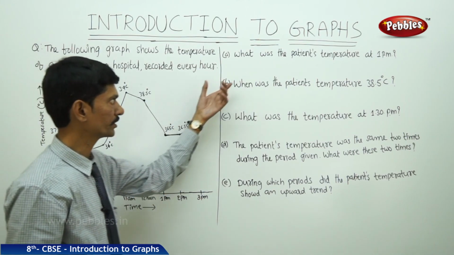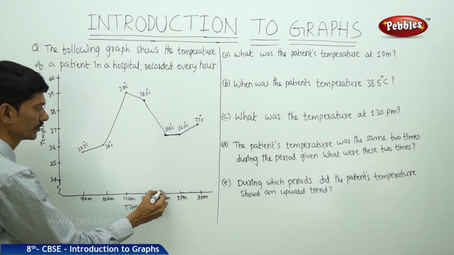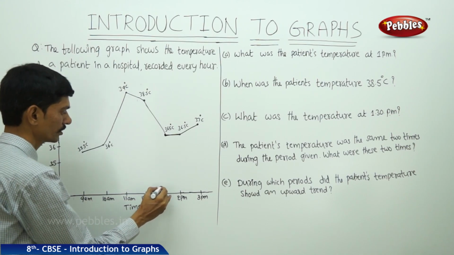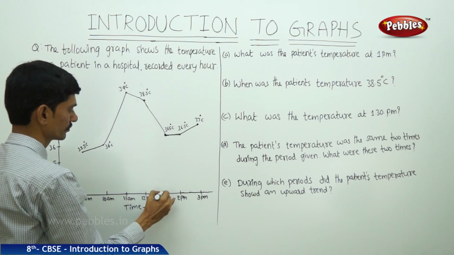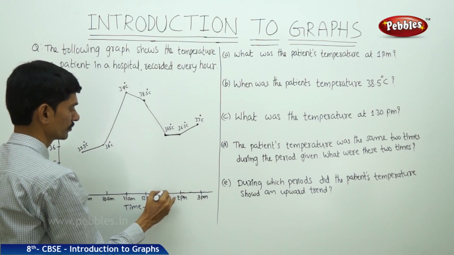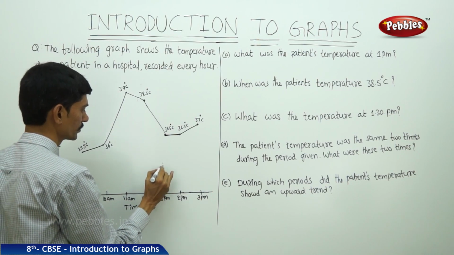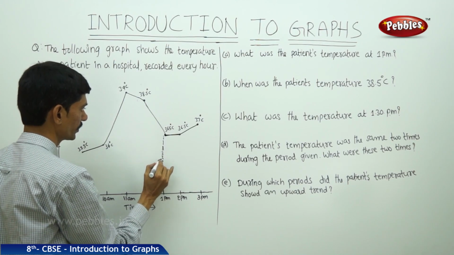Now let us answer the following questions. What was the patient's temperature at 1 pm? At 1 pm we have to find the patient's temperature. So draw a vertical line from 1 pm. It meets the line graph at 36.5 degrees centigrade.